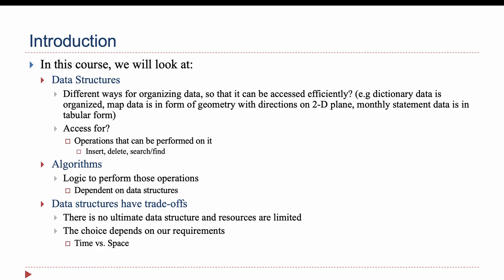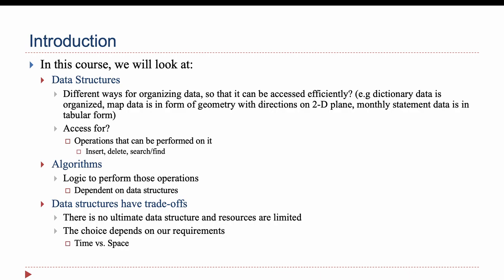A data structure is a way of organizing data so that it can be accessed and manipulated efficiently. Think of it like organizing your closet. You can organize your clothes by type, by color, or even by occasion. Similarly, in computer science, we organize data based on our needs.